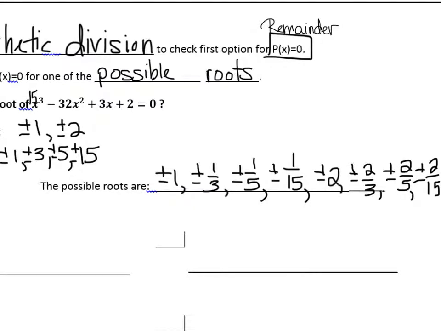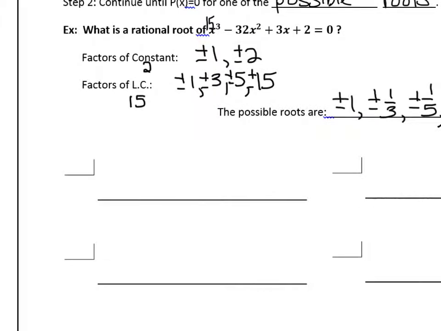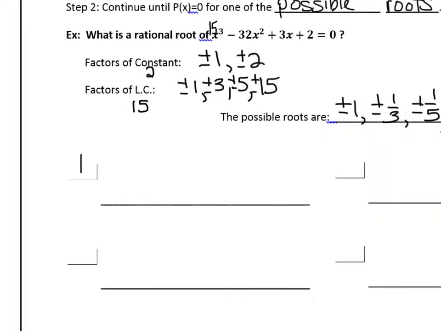Now, if you're only asked to find a rational root, then my recommendation would be to not check the fractions, because those are going to be time consuming, and you can use your whole numbers. So the first one we're going to check is the positive 1. So we look at our factored root that we're looking at, which is x cubed.